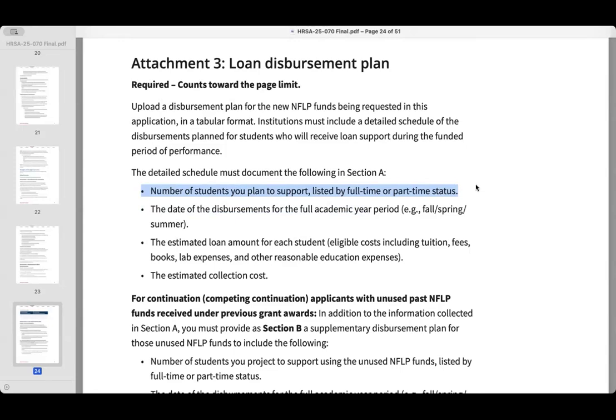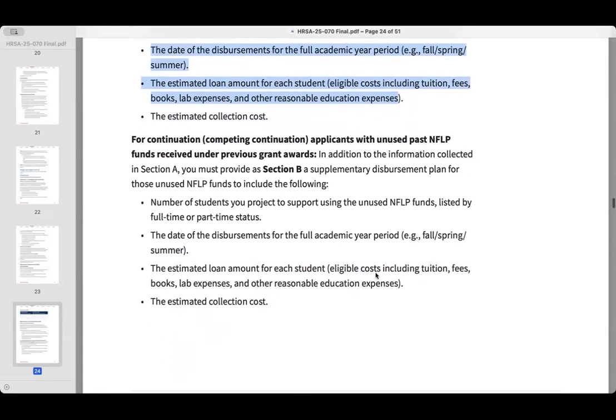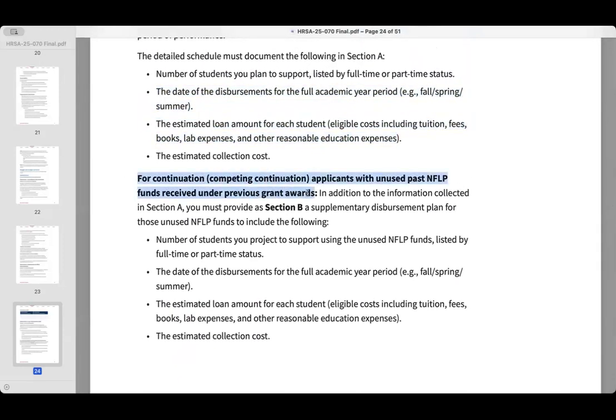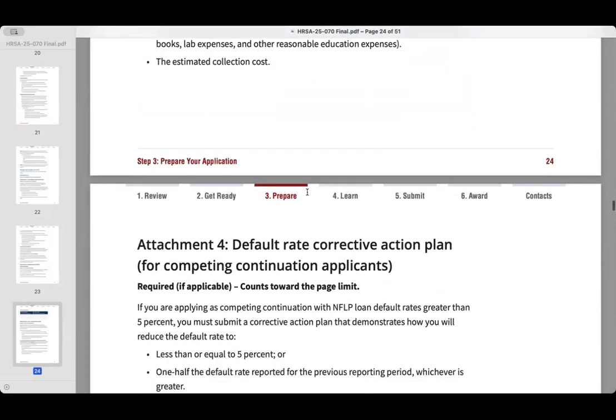And so this is one of those things where there have been past iterations that were full-time only, but recognizing the current nature of graduate education and that many of our students are working full-time and studying part or full-time, depending on the time of year and how busy they are, that gives a welcome bit of flexibility. This is relatively easy to organize. And then this is for institutions that have already gotten one award and are now applying for additional things.